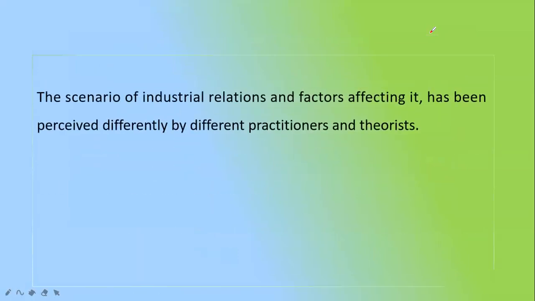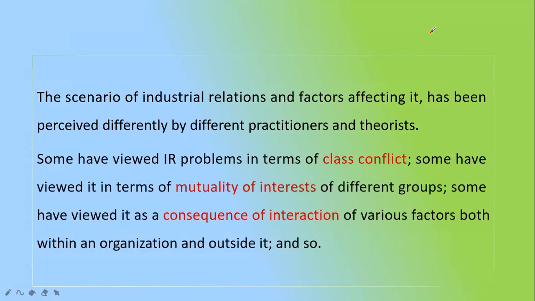So, we know that industrial relations has been perceived differently by different practitioners and theorists. They opine that industrial issues or problems arise out of class conflict, mutuality of interest of different groups, and the consequences of interactions.